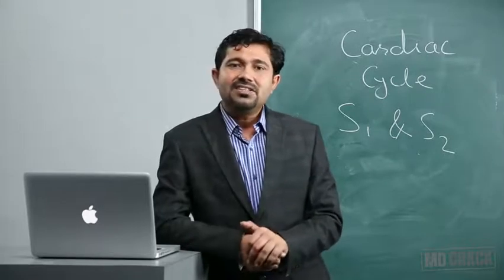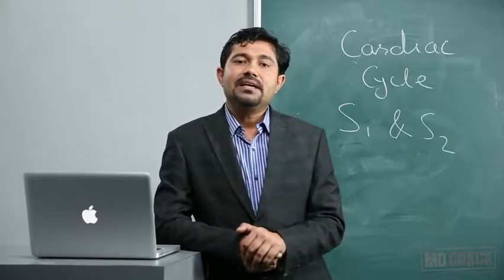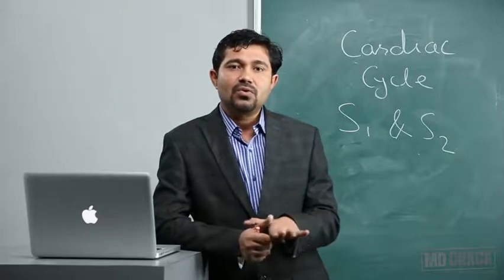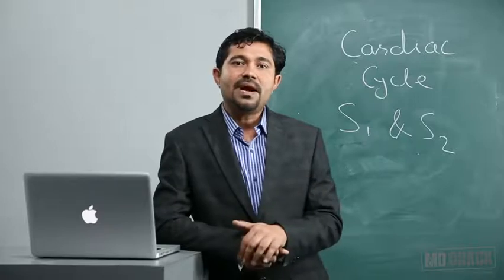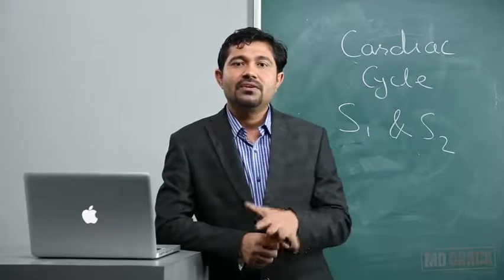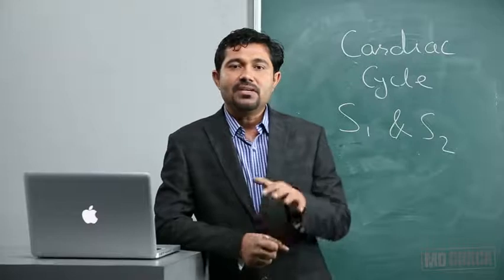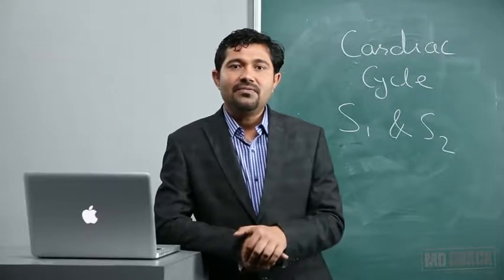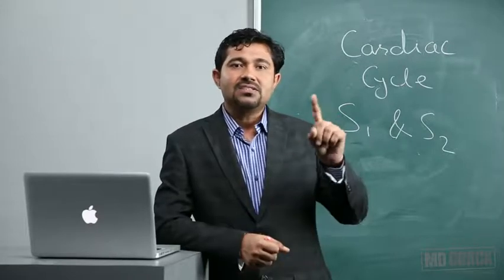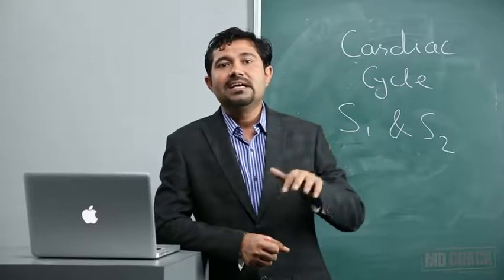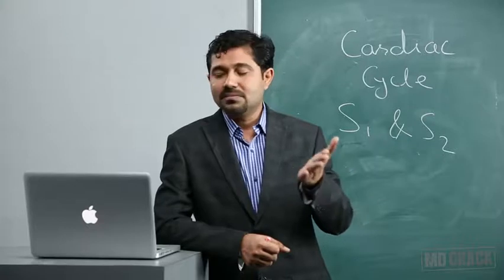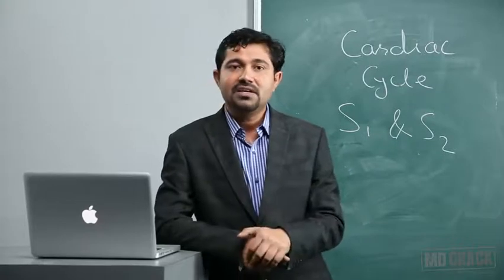But what is regurgitation? Regurgitation we can define as when the valve should close completely, it is not able to close. To give an example, the mitral valve should close during ventricular systole. If it does not close, what will happen? Blood, when it is going into the aorta, at the same time will also go into the left atrium. So again, it will create a sound. That is because of the regurgitation.